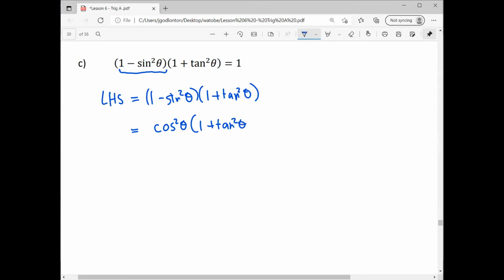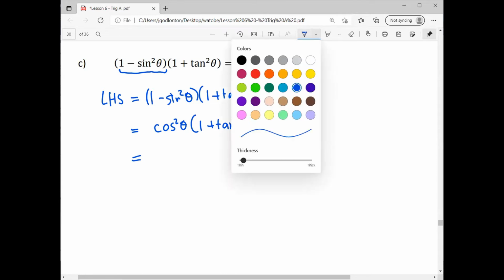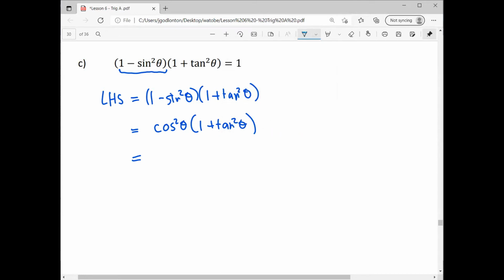I want you guys to try and take this from here. Tell me where I could go next. What would be my next step in a question like this? What could I do? There's something that you should be seeing that we should change whenever we see it.